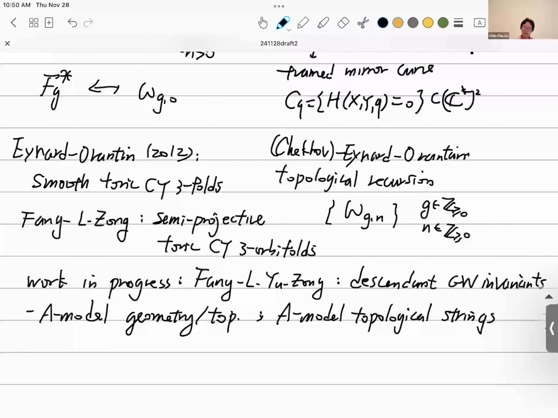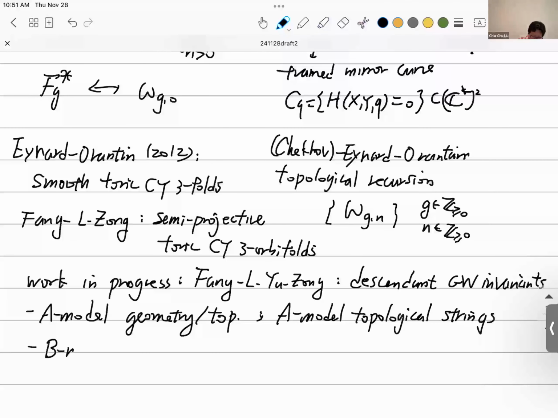Because in our setup, we have defined descendant Gromov-Witten invariants for general projective manifolds, but now we will define them for orbifolds, restricted to toric Calabi-Yau 3-orbifolds.